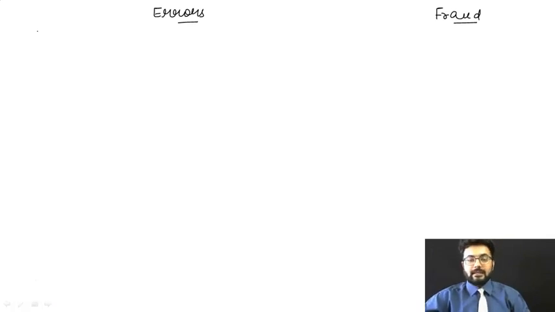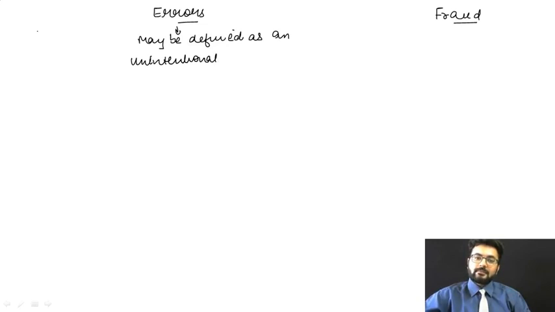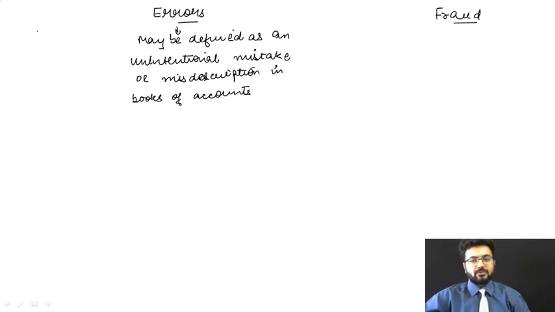Okay, so an error may be defined as an unintentional mistake or misdescription in books of accounts or records.